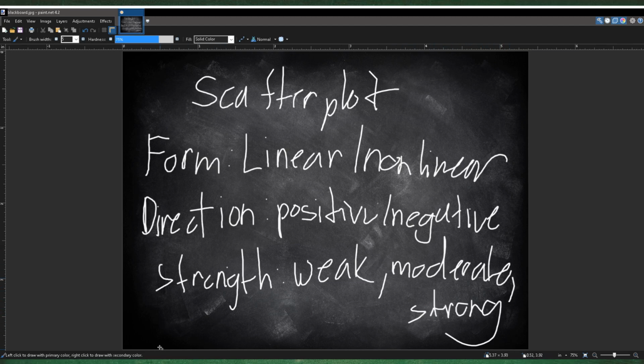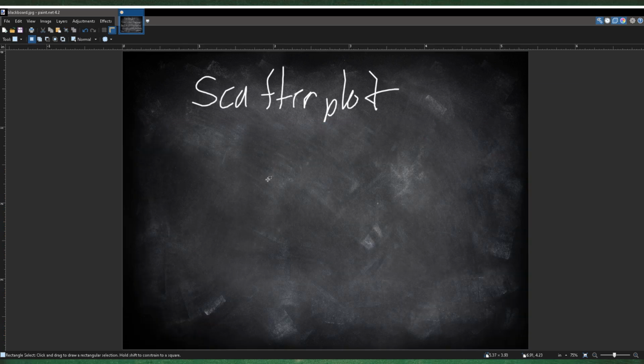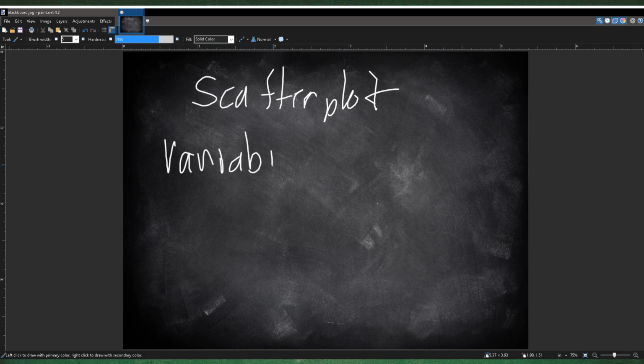And the last one that you might want to talk about, but it's not necessary, is variability, which usually refers to whether the graph is constant or not.